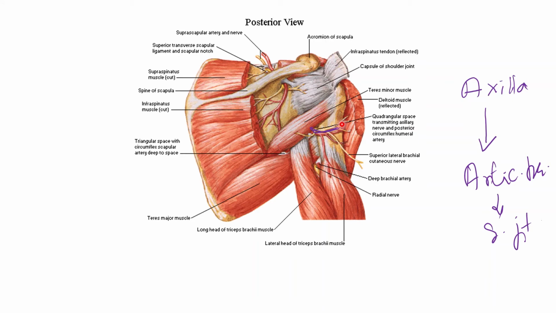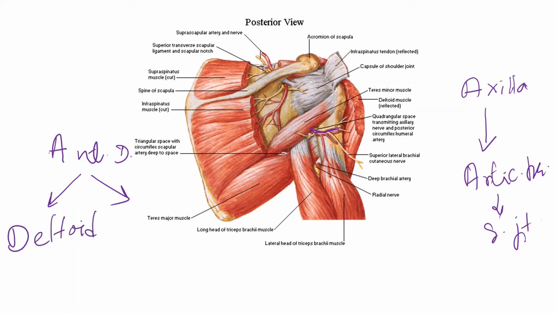One branch goes to the deltoid muscle, supplying the deltoid. The second branch is a small cutaneous branch which supplies the skin over it.